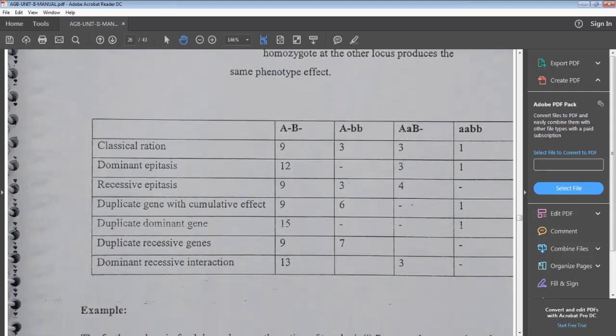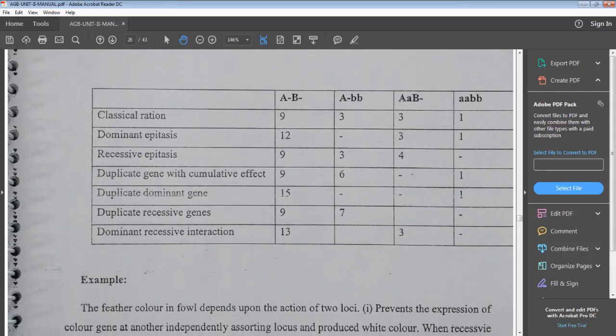If we check the classical ratio, it is 9:3:3:1. If we go with dominant epistasis, it is 12:3:1. In the case of recessive epistasis, 9:3:4. Okay, now we are not getting all the four values, and now we are having 3. This is also 3.